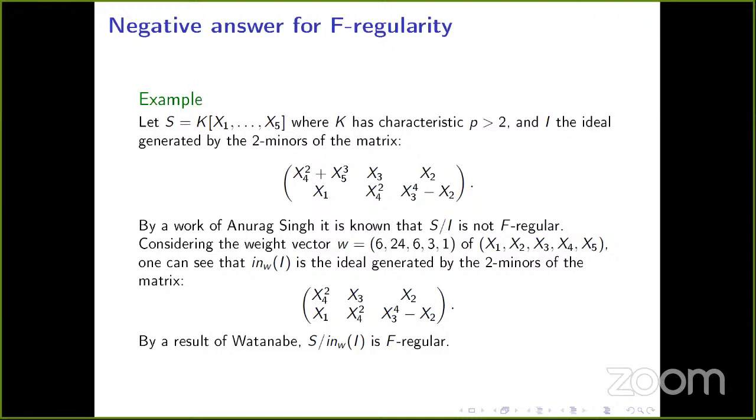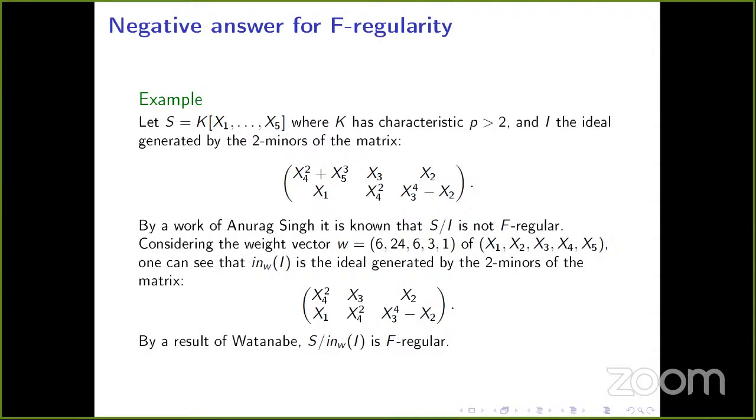Then one can see that the initial ideal of I will be the 2 by 2 minors of this matrix, and it is a two-dimensional normal ring. Hence, by a classification result of Watanabe, we know that S mod the initial ideal of I is F-regular.